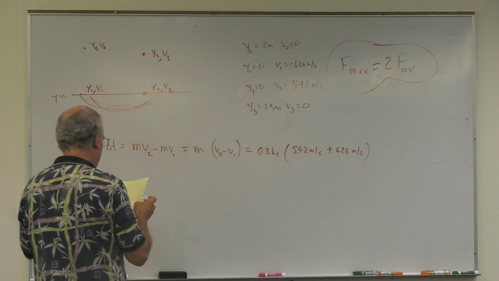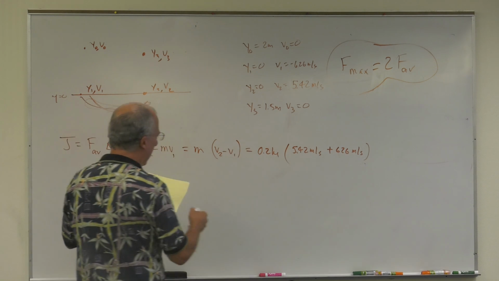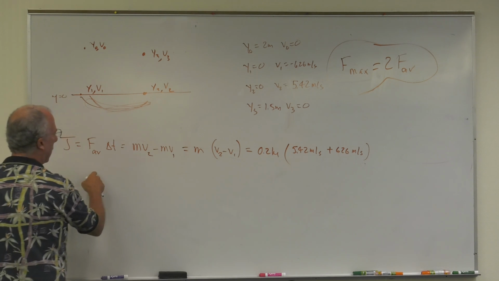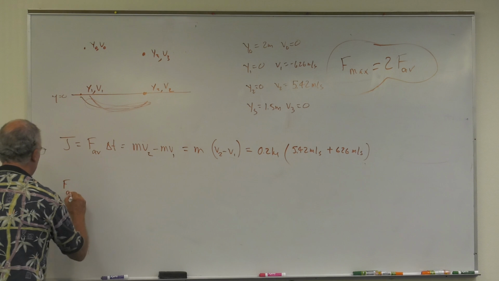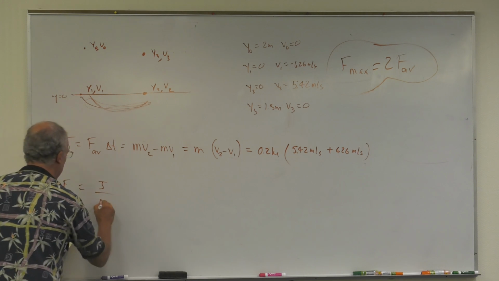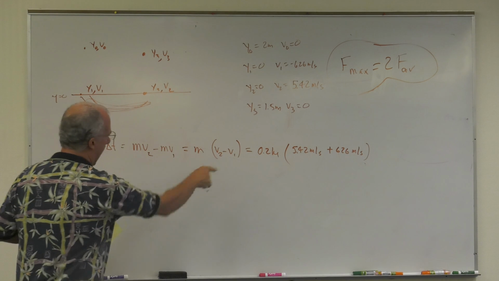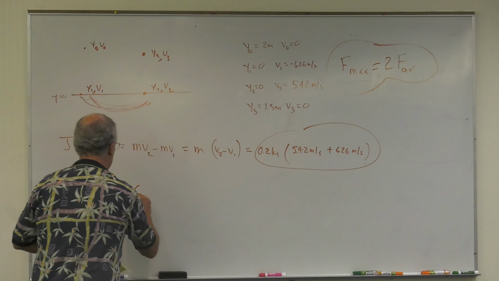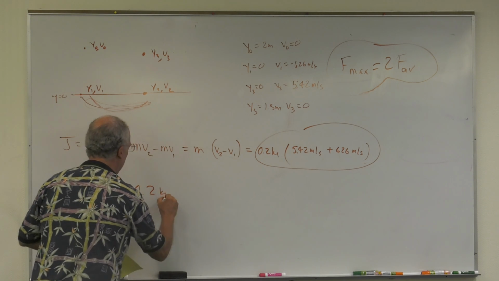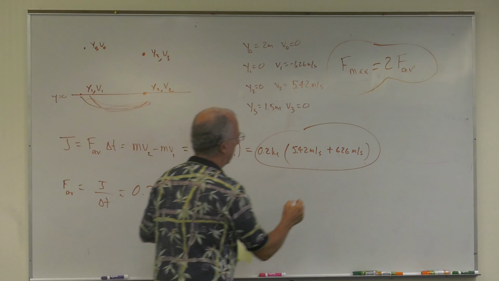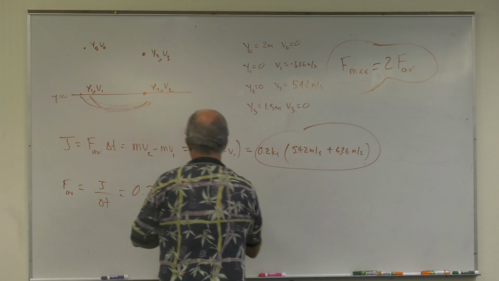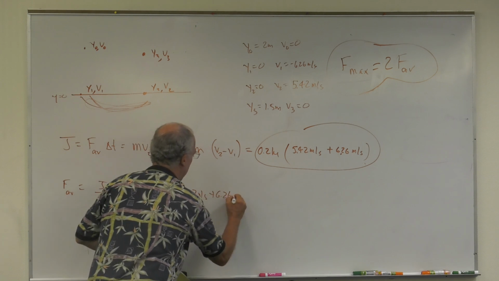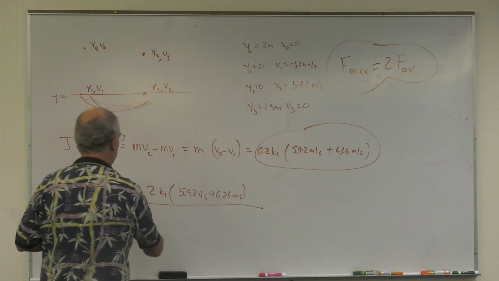I don't have it calculated, so you'll have to do that on your own. F average is just the impulse over delta t, which is 0.2 kilograms times 5.42 meters per second plus 6.26 meters per second, divided by delta t.